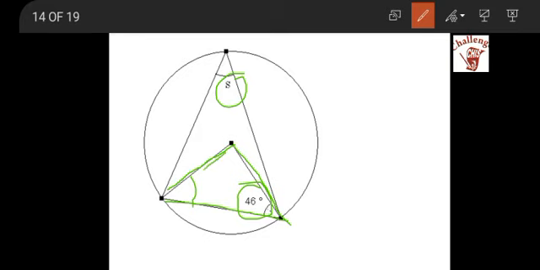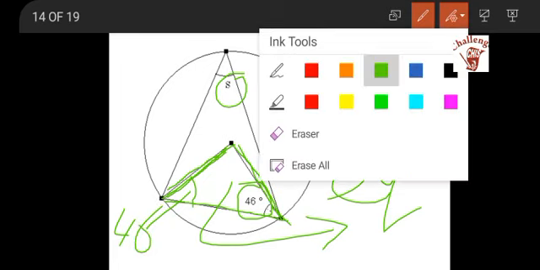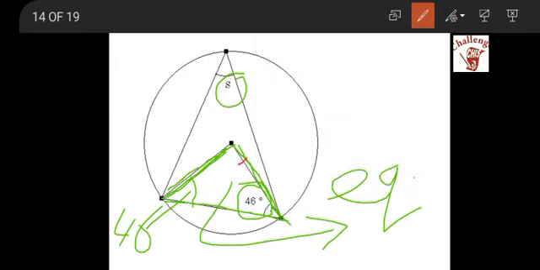Do you see here, this side is lying on the chord, and we also have another side lying on the chord. We call this an isosceles triangle. That means the two sides are equal. If this is 46, this also equals 46. First you have to find this one, and then we have to find this angle.